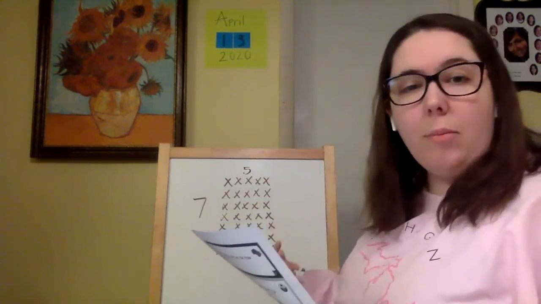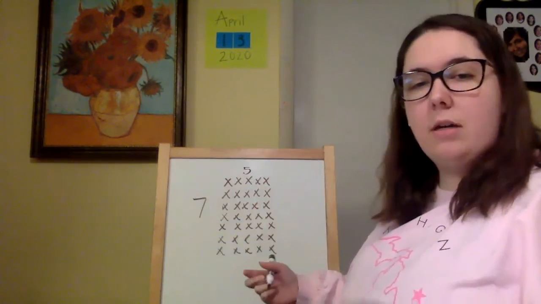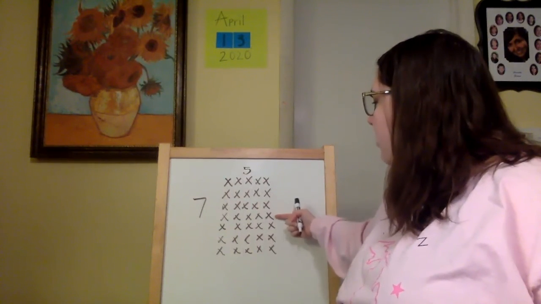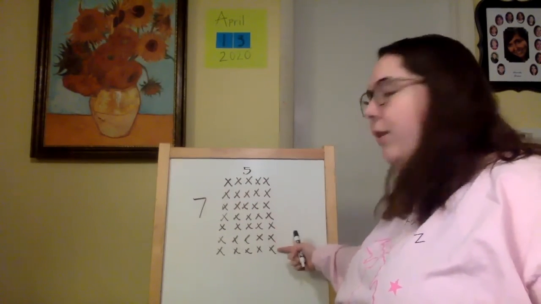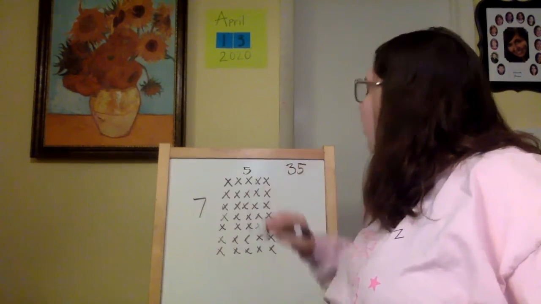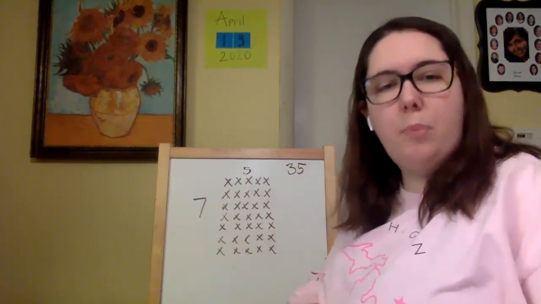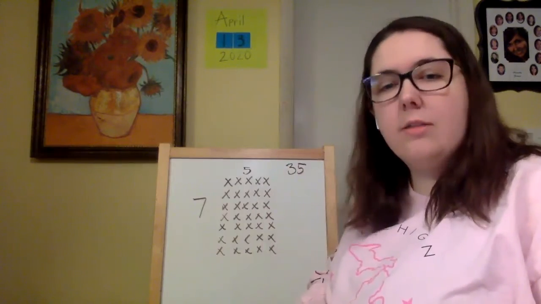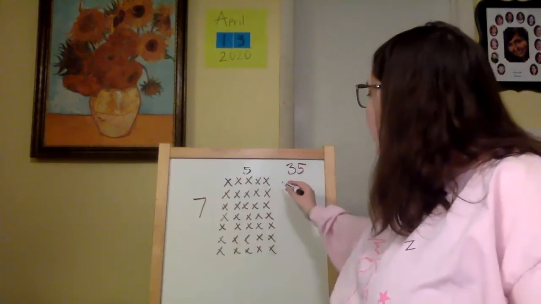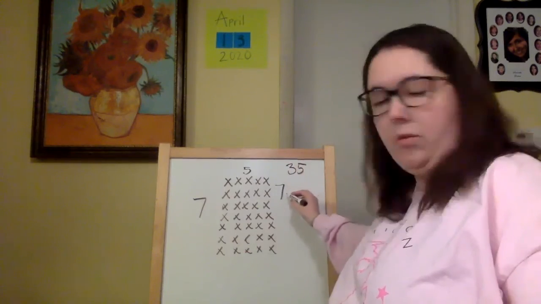So I'm going to count by 5 to get to my answer. So it's 5, 10, 15, 20, 25, 30, 35 is my answer. But I remember challenging you to put the multiplication sentence, and the multiplication sentence for this one is 7.